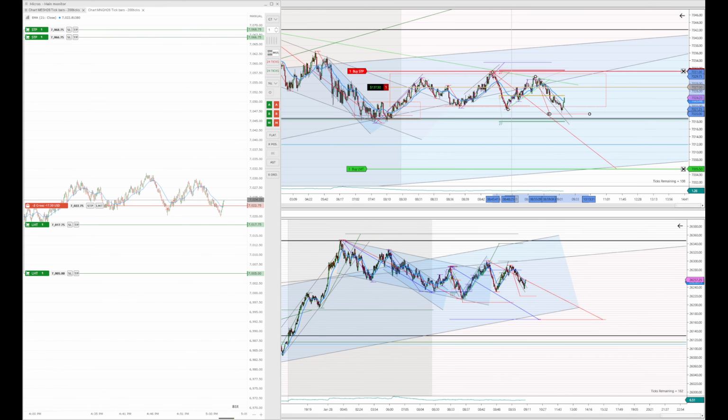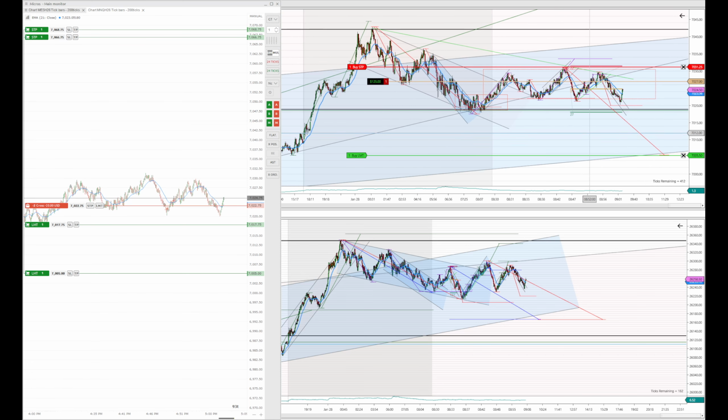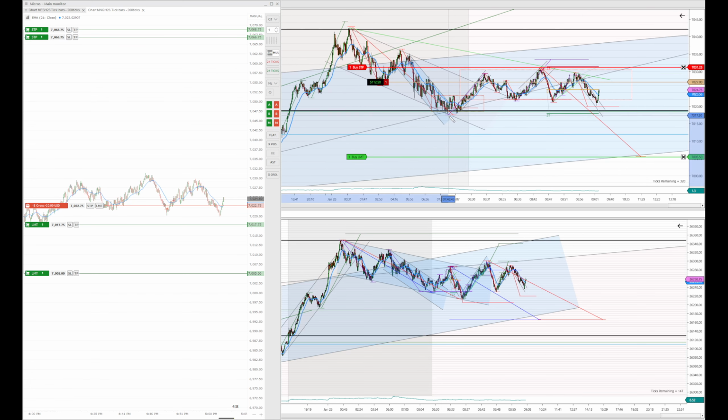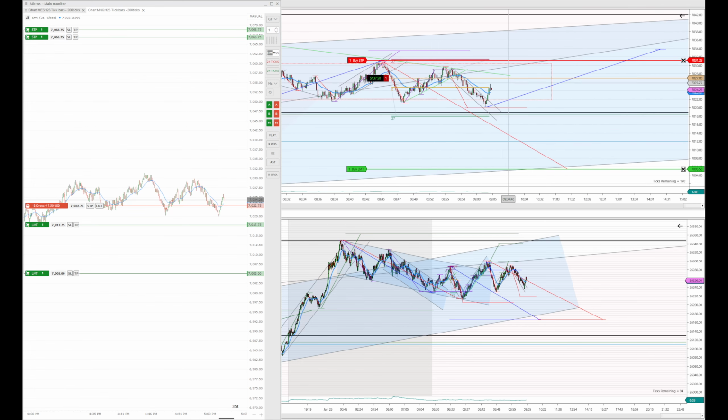There is some support forming here. So let's see how big of a bounce this is. It could go into a larger break like this, which would be bad. Let's see how EMA reacts.